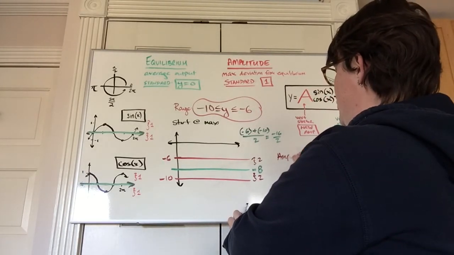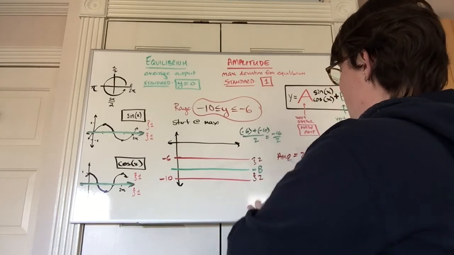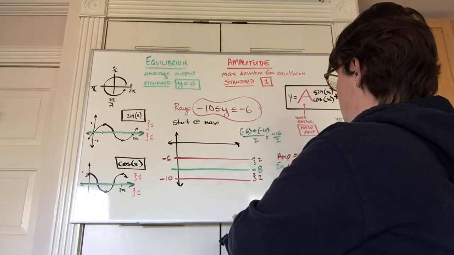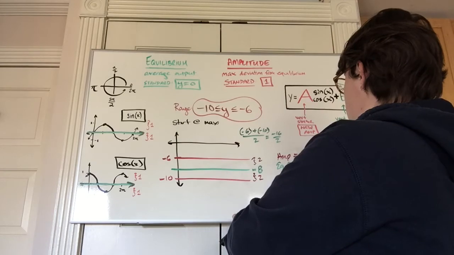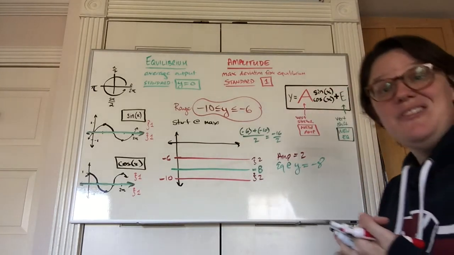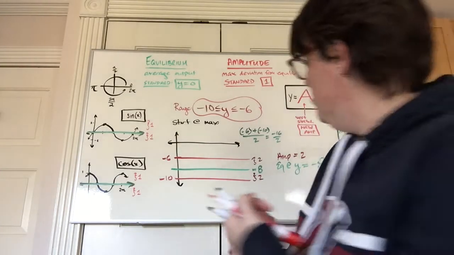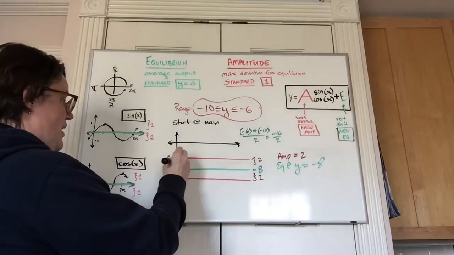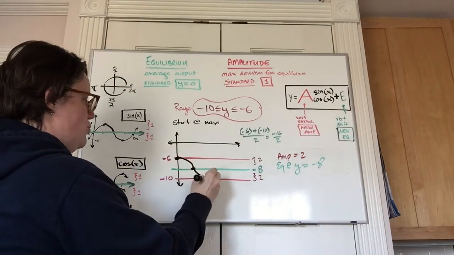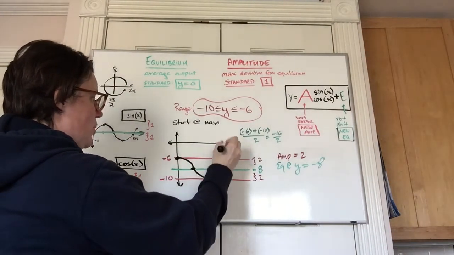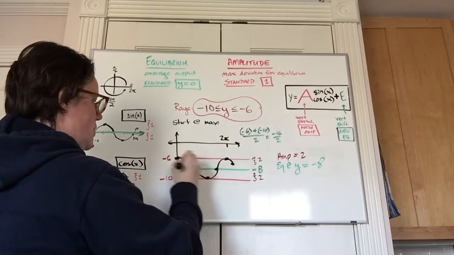So my amplitude is clearly 2, and my equilibrium is clearly -8. Now the only other thing I have to think about is they said the graph should start at its maximum. So I'm going to start at the max. 1, 2, 3, 4 important points in a full circle.